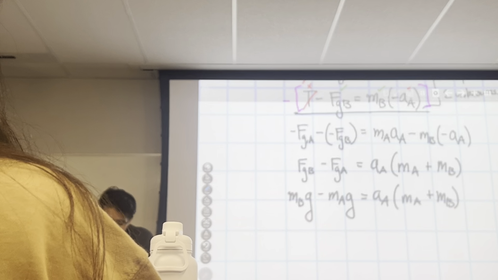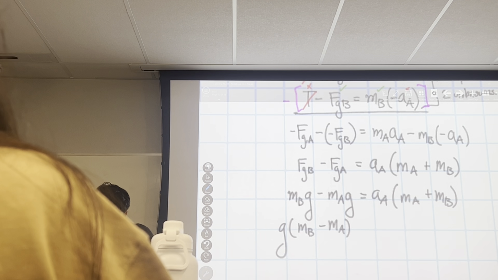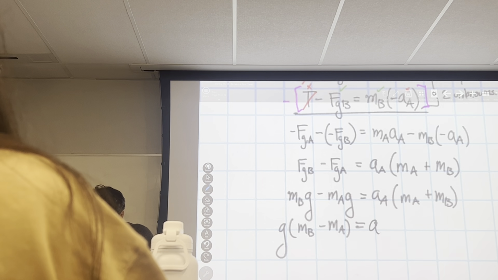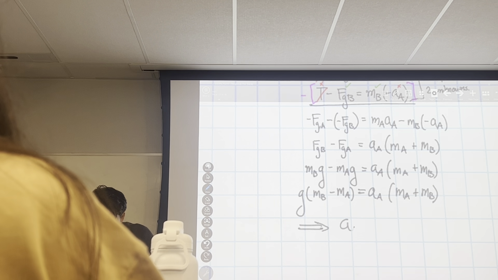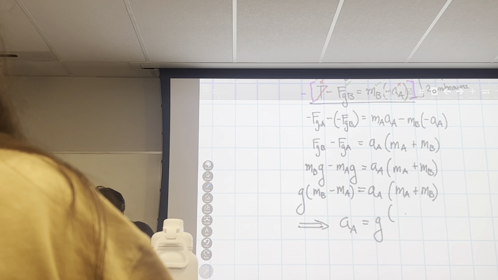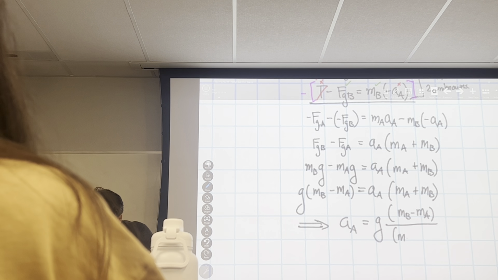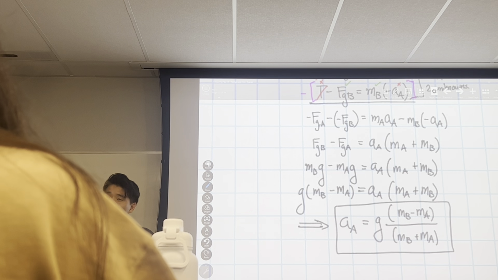On the left-hand side, we could factor out a G: G times (mB minus mA) is equal to acceleration of A times (mA plus mB). Meaning that the acceleration of A is going to be our gravitational constant G times (mass of B minus mass of A) divided by (mass of B plus mass of A). And this is our final solution.